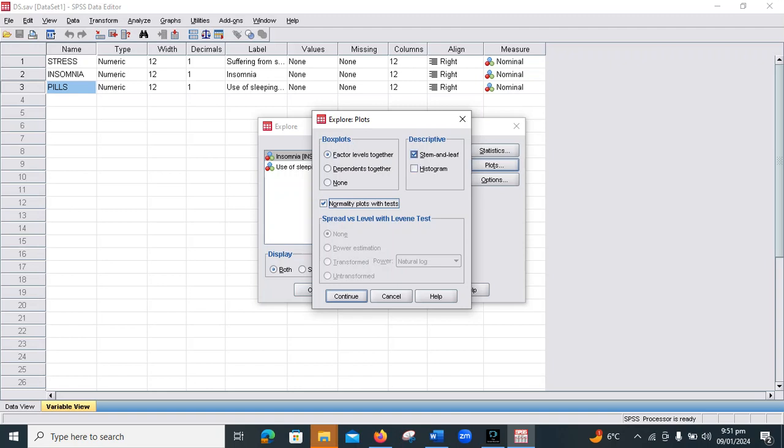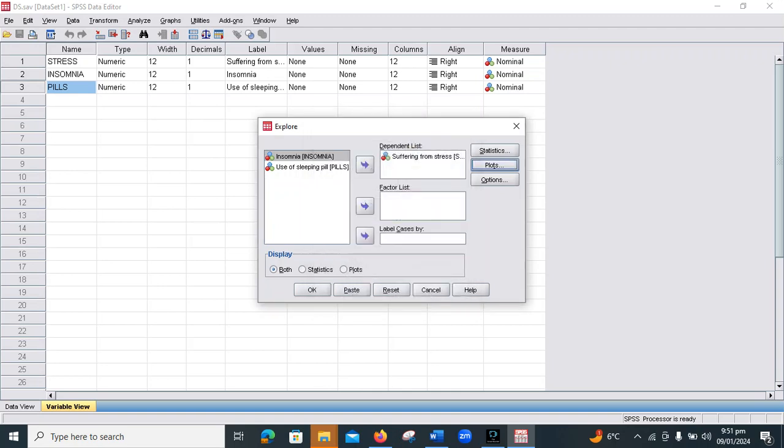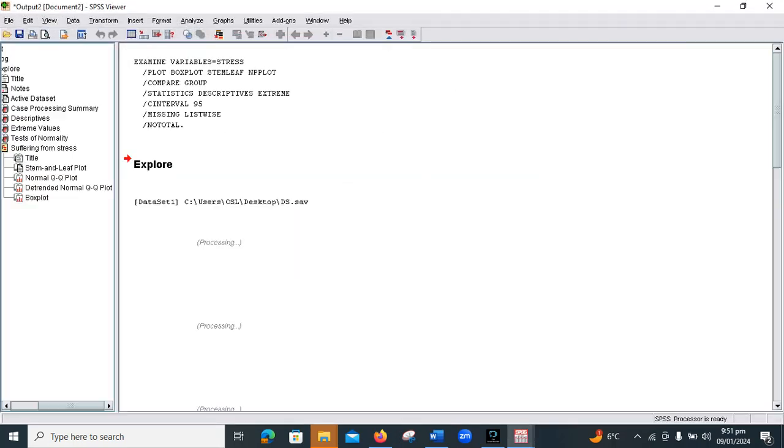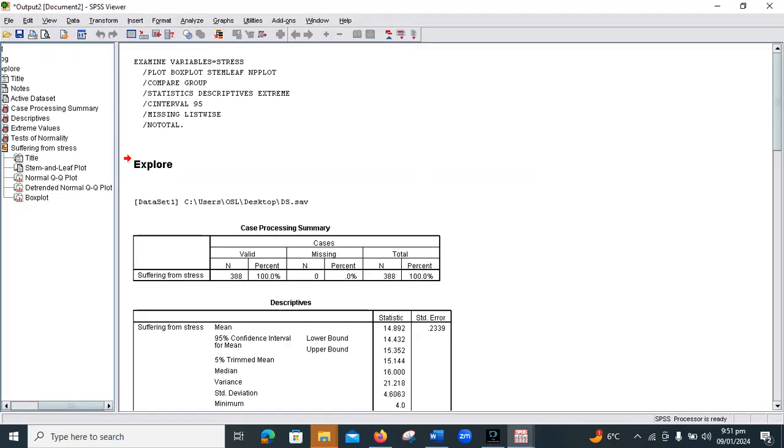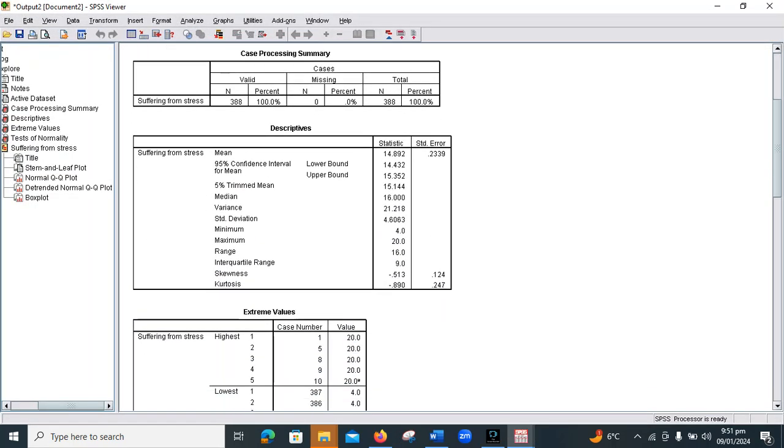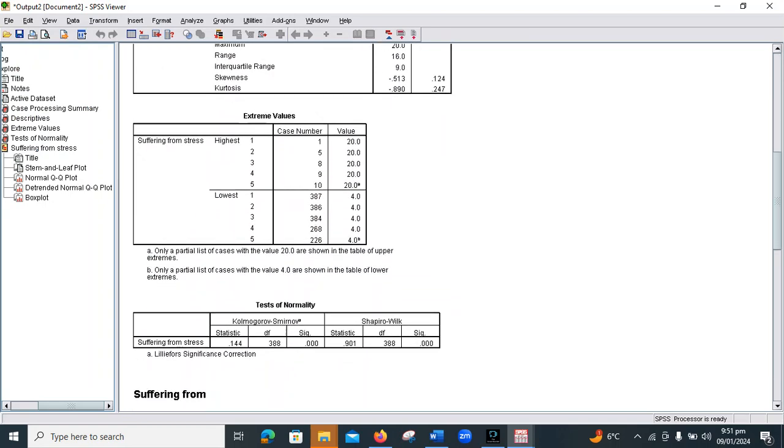Stem and leaf, factor levels together, you can have these dimensions as well, but normality plots with tests, this is very important. Continue. And okay, so look at the output.